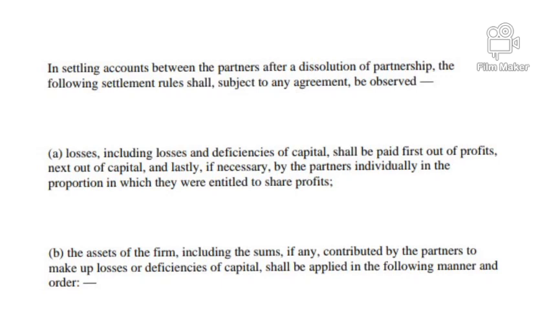Rule number 1, losses including losses and deficiencies of capital shall be paid out first from profits, next out of capital, and lastly, if necessary, by partners individually in the proportion in which they were entitled to share profits.